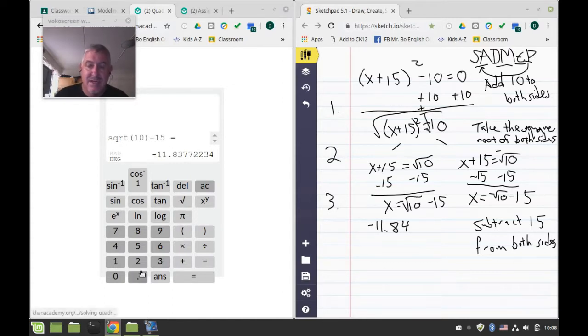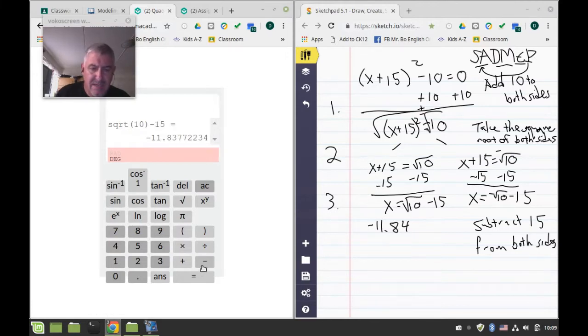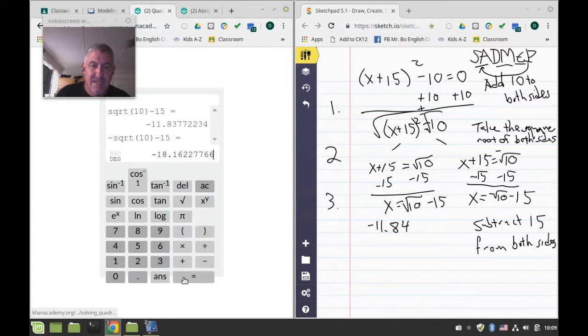And the other choice is negative, negative square root of 10, and close those parentheses, minus 15. And then we've got negative 18.162, and we're going to round that to 16. Okay.